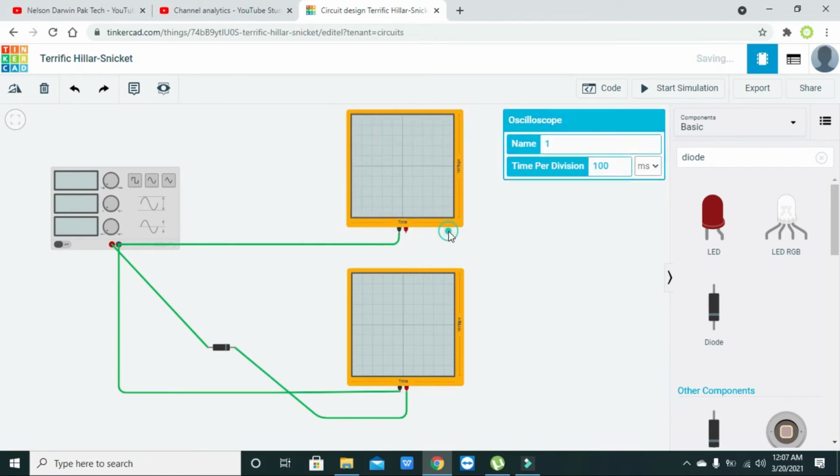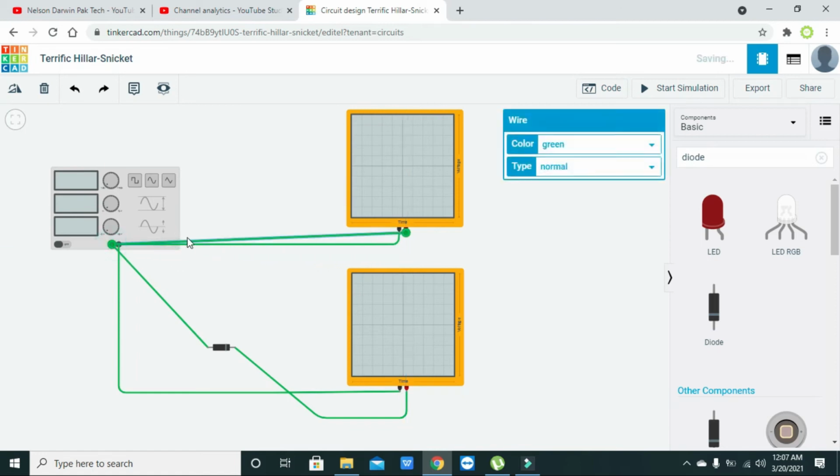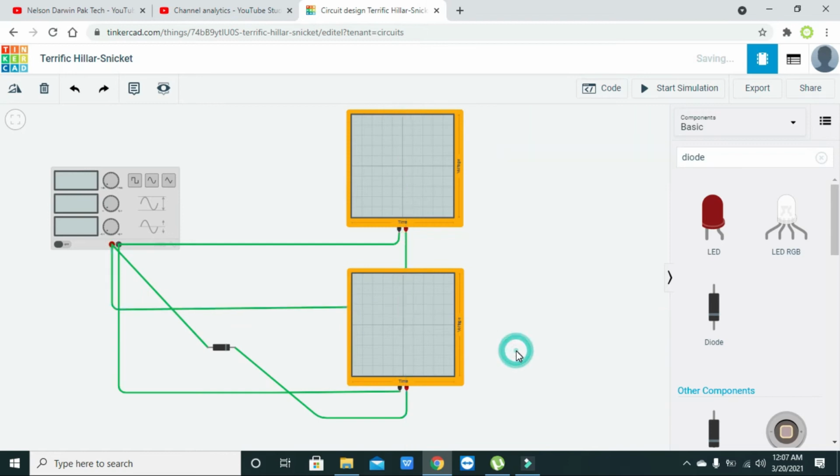Also attach the upper oscilloscope's positive rod to the positive of the function generator.